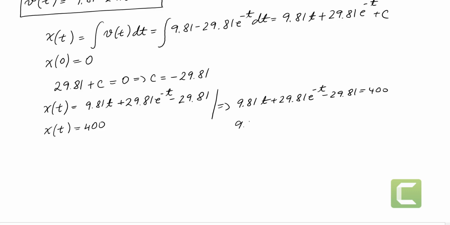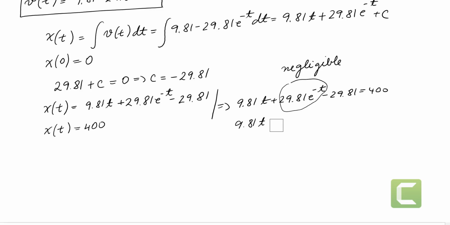The exponential term we'll consider negligible. Just take t equal 10 and you'll see that you get a very small number like 0.001 or something like that, which in terms of time is negligible.